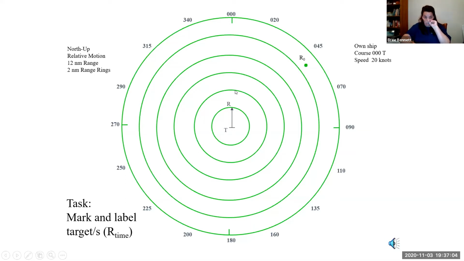Now my step 1 is to plot our first little blip on the screen at minute 0.